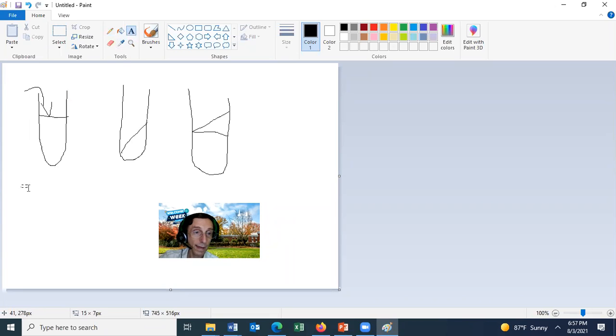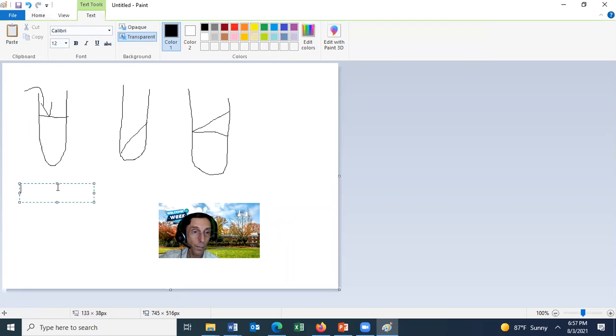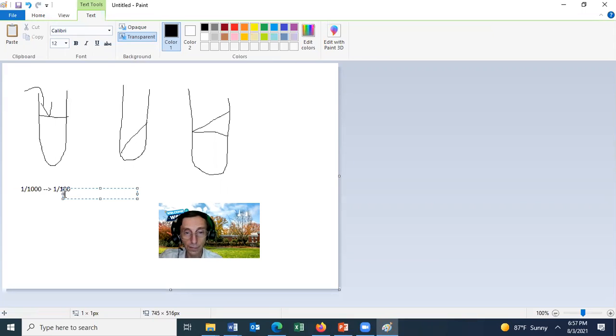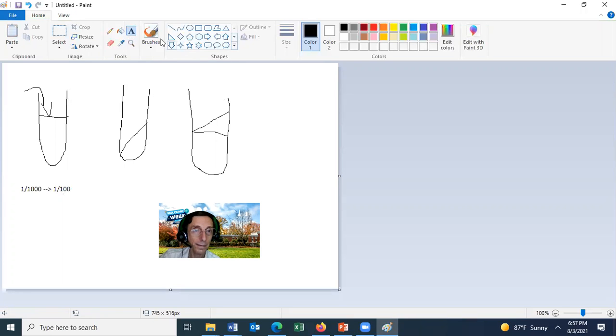So instead of 1 in 1,000, we can increase it to 1 in 100. You'd still have a hard time finding your organism of interest if it's 1 in 100. That means you'd have to streak out 100 different colonies. That's not very good.